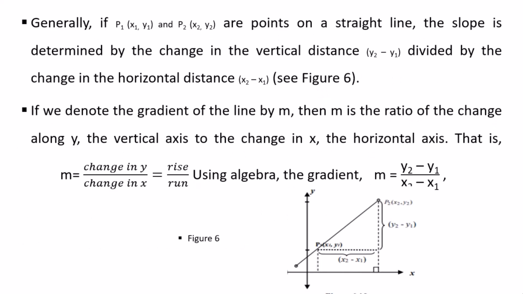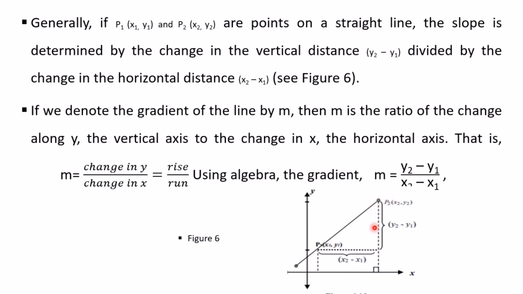Generally, if P1 and P2 are points on a straight line, the slope is determined by the change in the vertical direction, that's y2 minus y1, divided by the change in the horizontal direction, x2 minus x1. That's the figure over here. Point 1 and point 2 each have an x and y coordinate.